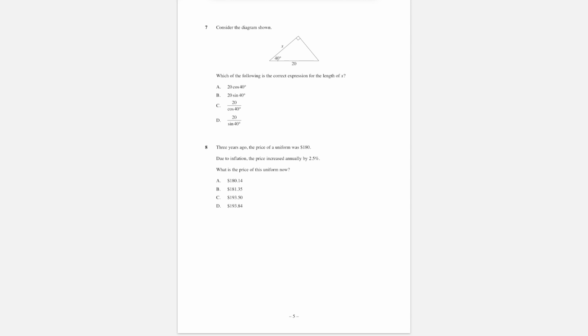Consider the diagram shown. Which of the following is the correct expression for the length x? All right, so looking at the triangle from the perspective of this angle here, this is adjacent, this is opposite, this side, and this is the hypotenuse. So if we want side x, it's going to be cos.